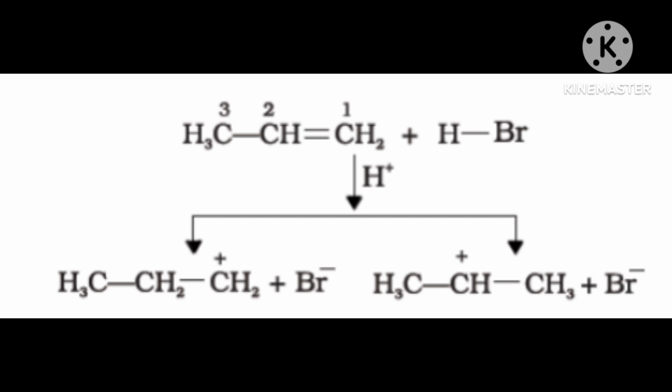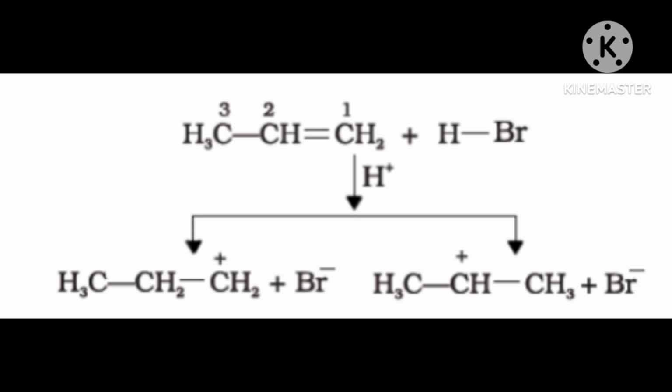Then in the third step, it will join with propene. Homolysis will take place. Homolysis means that one bond will break and both carbons will take one electron, forming two radicals. When the double bond of propene breaks, each carbon will take one electron.